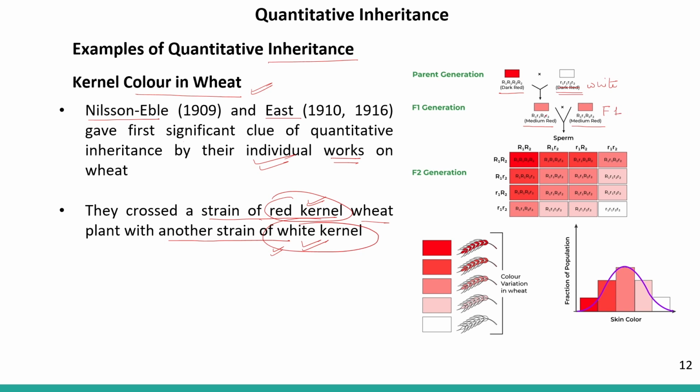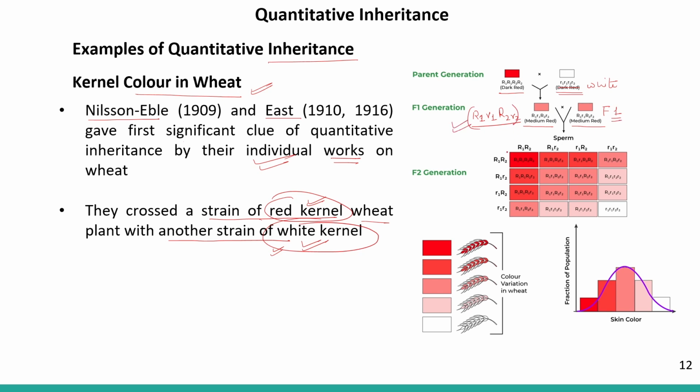And what is the combination? The combination is R1 r1 R2 r2, right? So this is the individual that we get in the F1 generation.